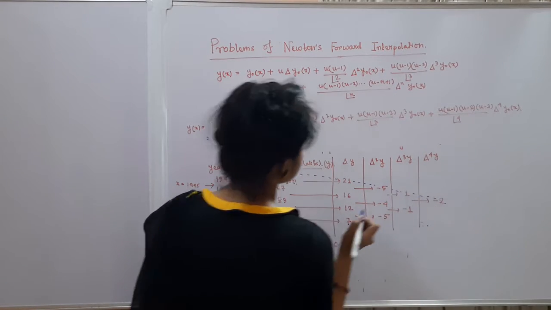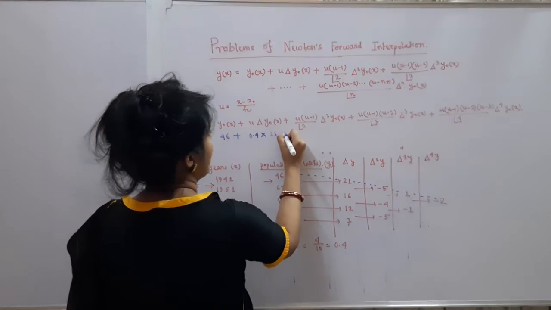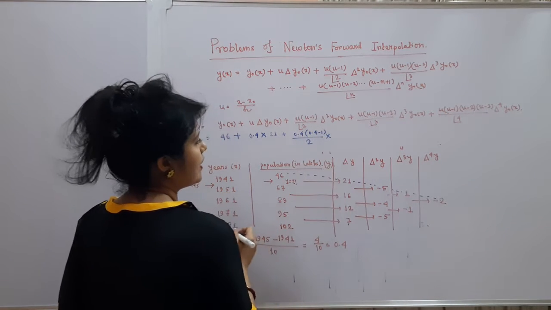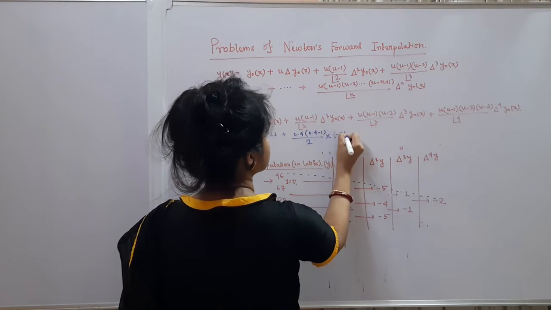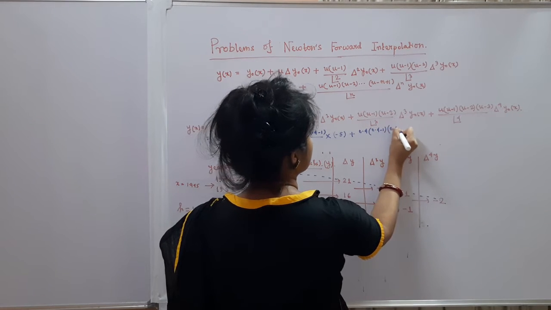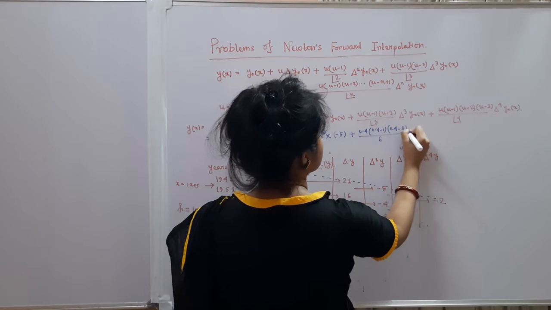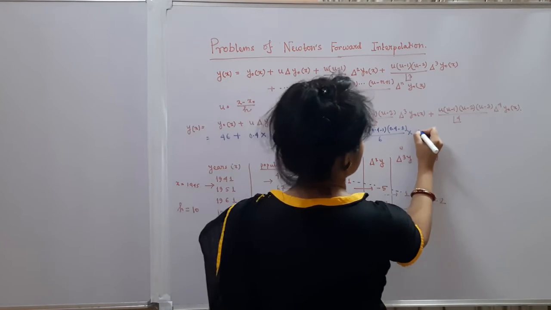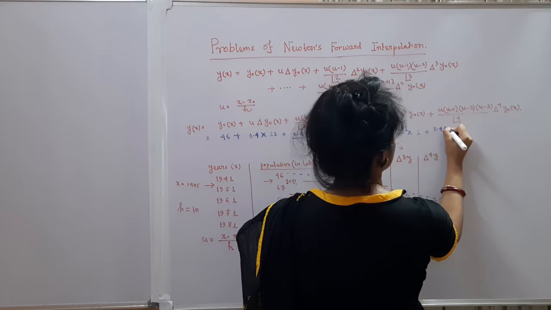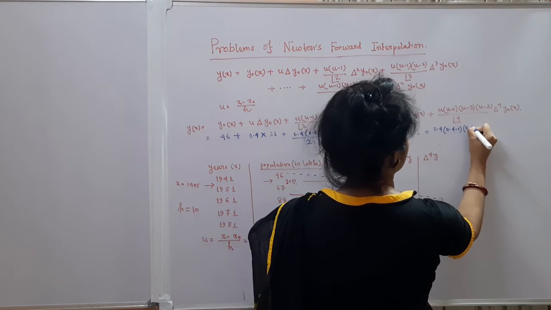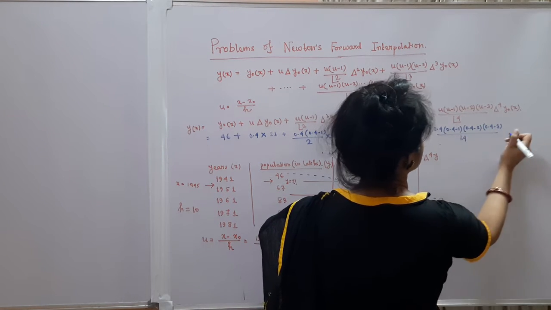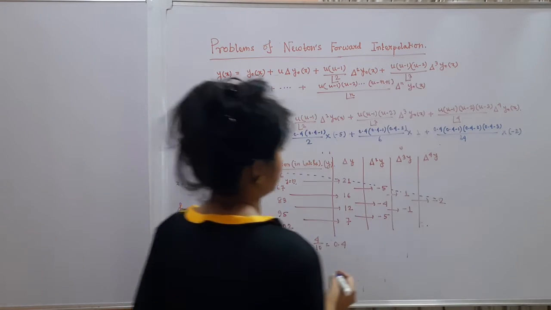Okay, 21 plus 0.4 into 0.4 minus 1 by 2 into delta square y0 is minus 5 plus 0.4, 0.4 minus 1, 0.4 minus 2, factorial 3 means 6, and delta cube y0 is 1 plus 0.4, 0.4 minus 1, 0.4 minus 2, 0.4 minus 3 by factorial 4 means 24 into minus 2. Okay.